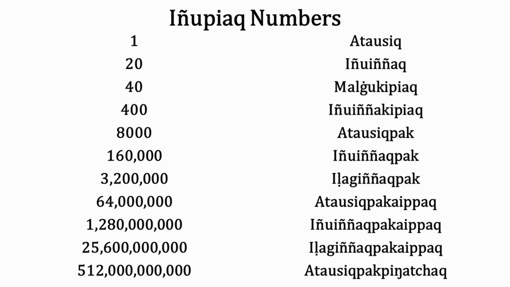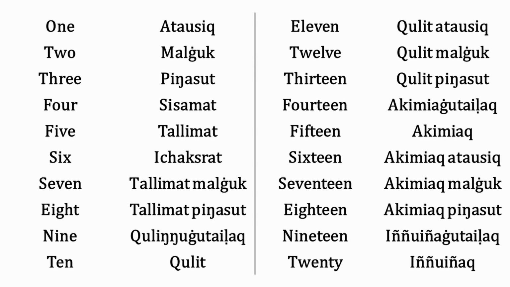I've mentioned a couple of times how some languages have systems involving multiple bases. So how do these work? Well, if we look at numerals in the Inupiaq language of northern Alaska, we see that it uses a solid, extensive base 20 system. However, below 20 we don't see 20 unique numerals.